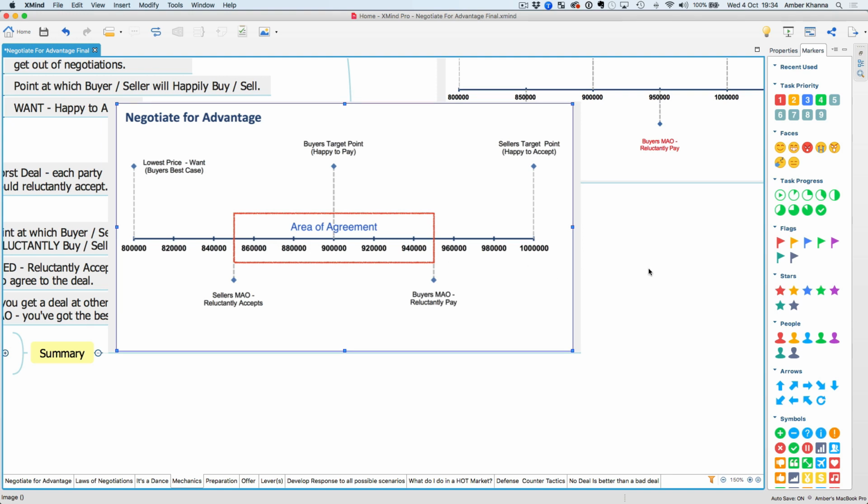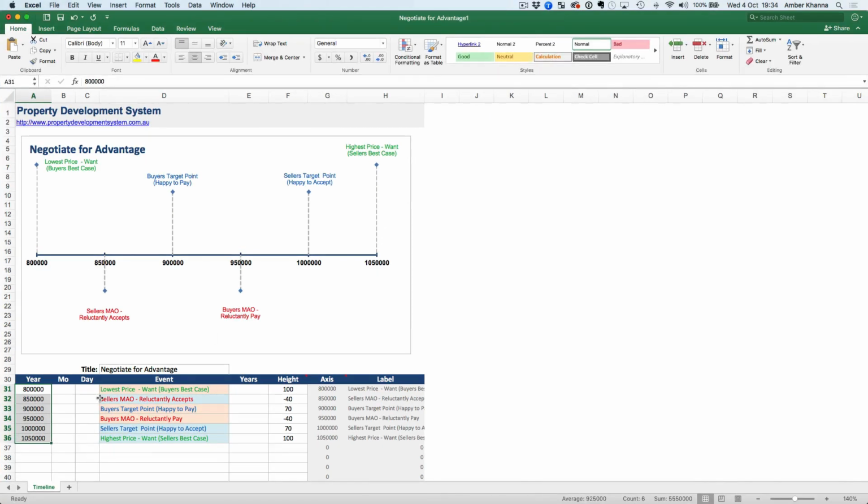Let's zoom out a little bit. Now the buyer's MAO, where is it? Buyer's MAO right here. Buyer's MAO is greater than his target point. So where is the buyer's target point? This is the buyer's target point, because he wants to pay as little as possible. Did I make a mistake here?